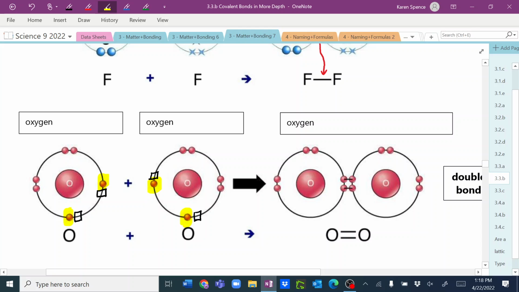And if you see, each oxygen now has 1, 2, 3, 4, 5, 6, 7, 8. And the other oxygen has 1, 2, 3, 4, and then the shared ones 5, 6, 7, 8. And so we show that as 2 lines. That is our double bond there.